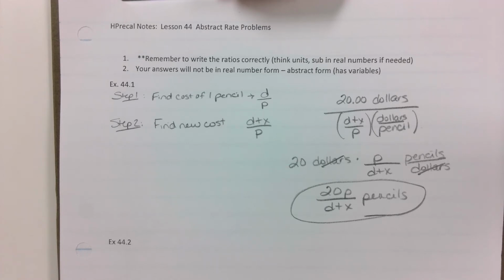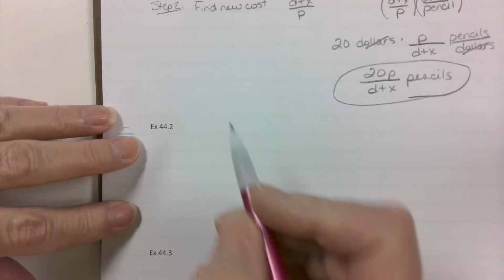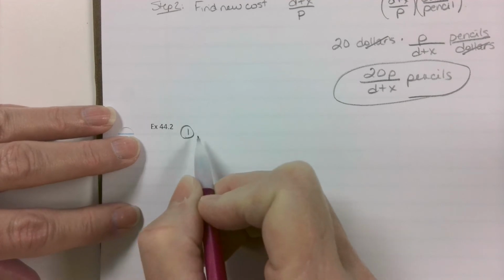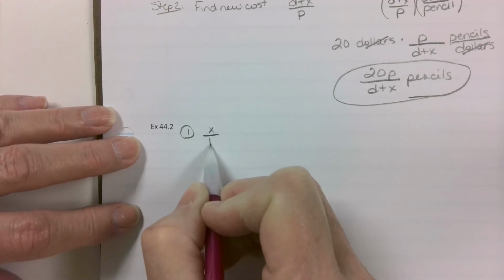Okay? All right. 44.2, it says the coach purchased B basketballs for X dollars. If each basketball had cost $3 less, how many basketballs could the coach have purchased for $200? So number 1, the cost per basketball. He spent X dollars and he got B balls.